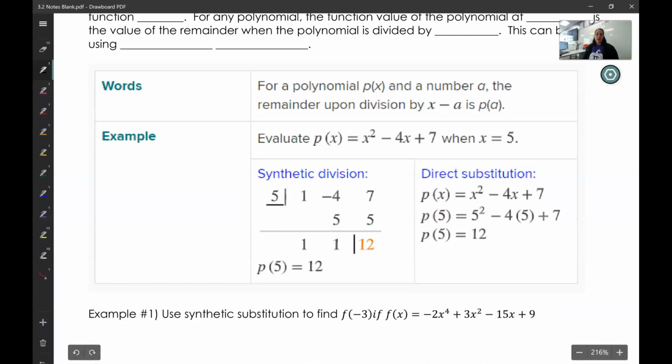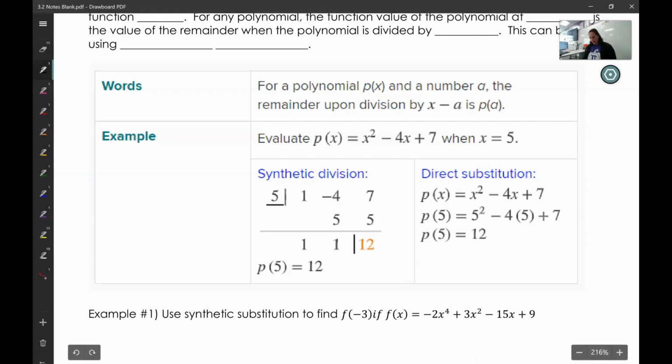We can actually use synthetic division to do the same thing. Synthetic division is what we talked about last time. It's really cool because it's a second, completely different way of finding the same answer. Right here, this is what we just did, p of 5, and we got 12.